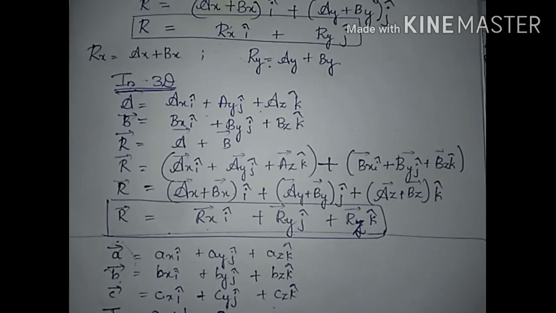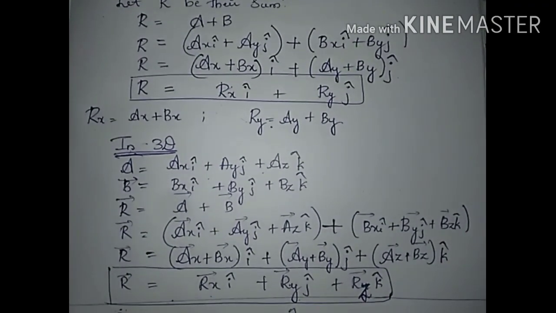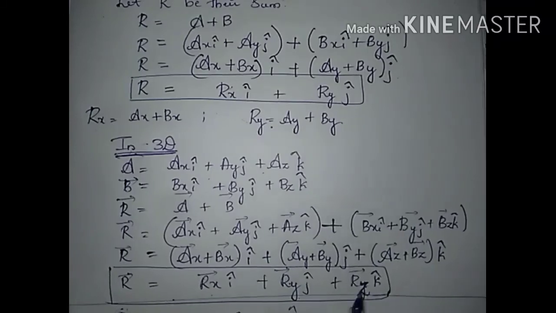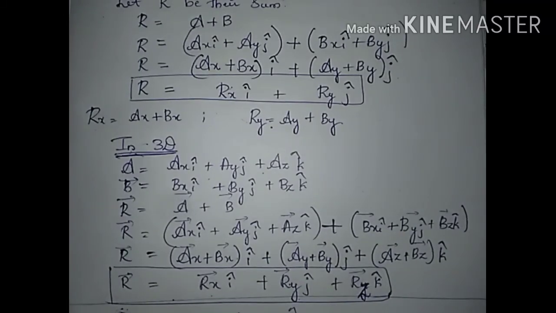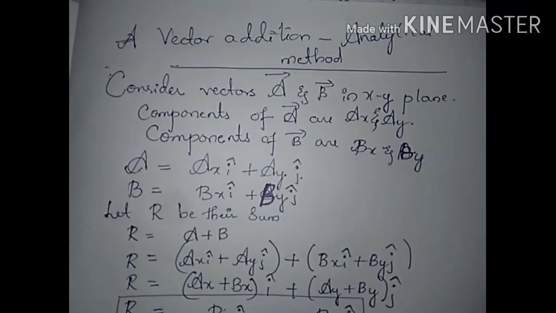You are moving from plane to space, so you are increasing one component of the vector. In plane you get only 2 components and in space you get 3 components. Rz will be there. So this is vector addition using the analytical method.